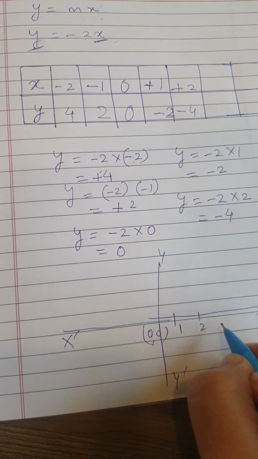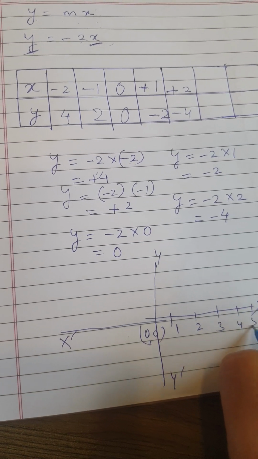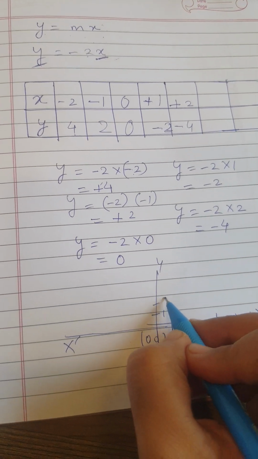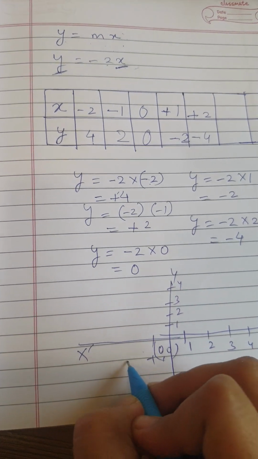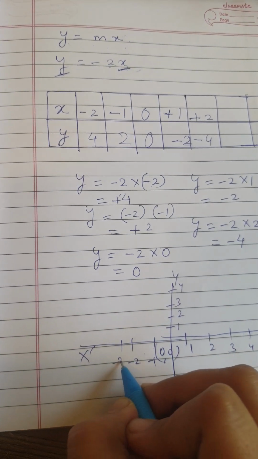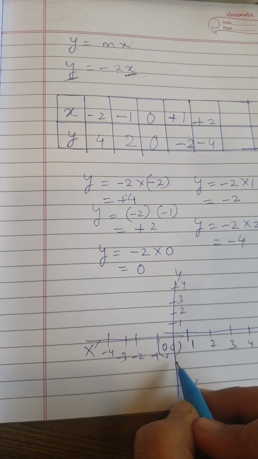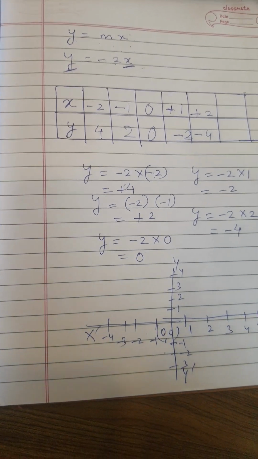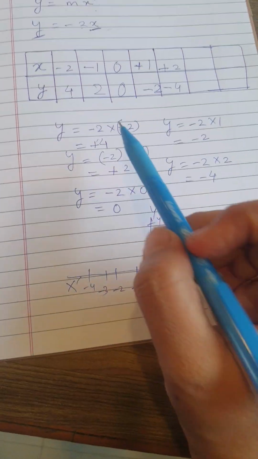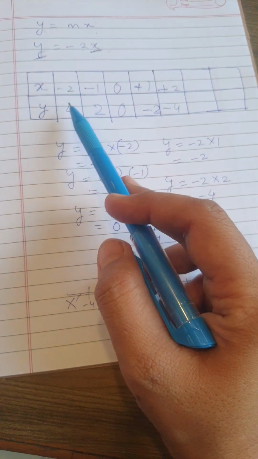We mark some points over here, 1, 2, 3, 4 and so on, -1, -2, -3, -4, and on the y-axis also 1, 2, 3 and -1, -2, -3.